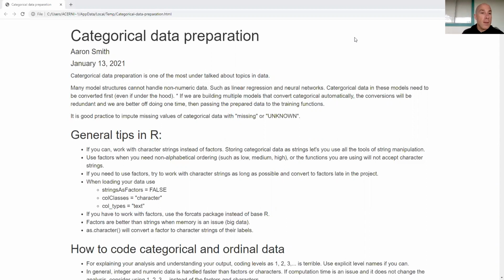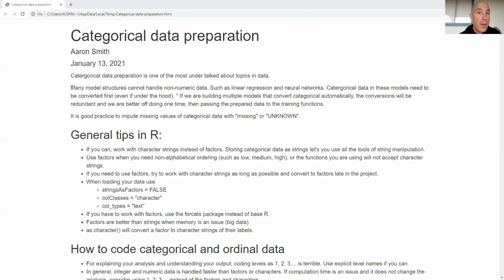Now, I'm going to start reading off some stuff I put in the document that I feel is important, because as I'm talking, I can't remember what I put down. Many model structures cannot handle non-numeric data. If you go into R, SAS, or SPSS, and you put a categorical column into a linear regression model, it's going to spit out a model.